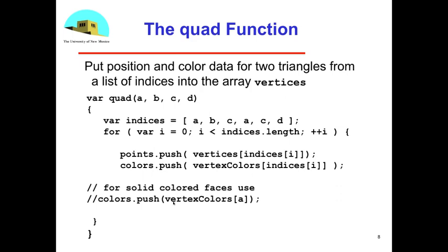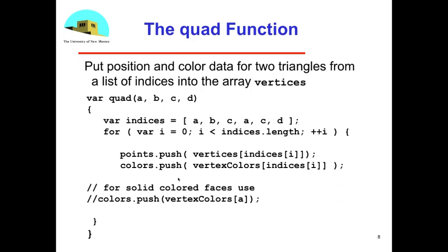Now this is assigning a different color based on the vertex number to each vertex. If I want to use the same color for the entire face, all I have to do is push the same color for every one and just use the color of the first vertex. Substitute this line for this line, and now you get solid faces, and I'll show you that in a little bit.